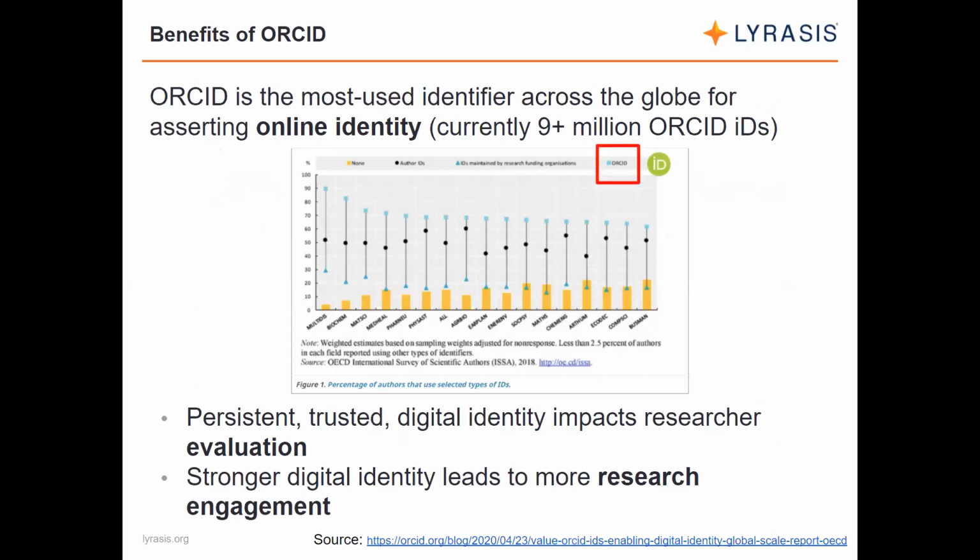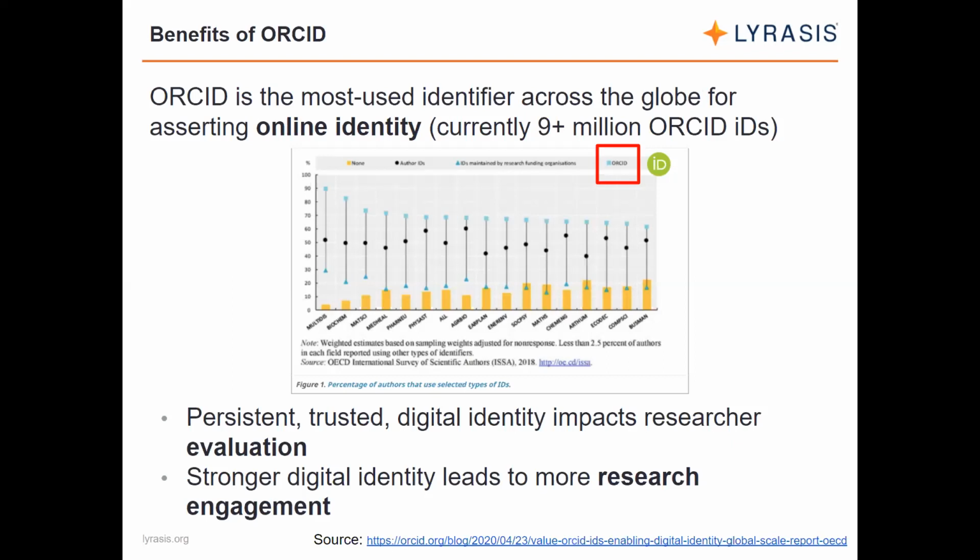The little blue box represents ORCID ID. Along the bottom of the chart you have a variety of different disciplines, and along the side you can see that roughly 70% of researchers across these disciplines are using ORCID ID more than any other identifier.